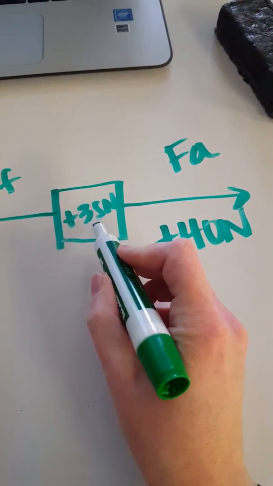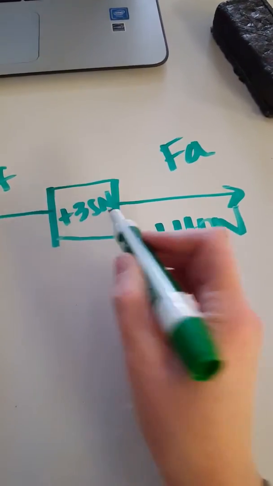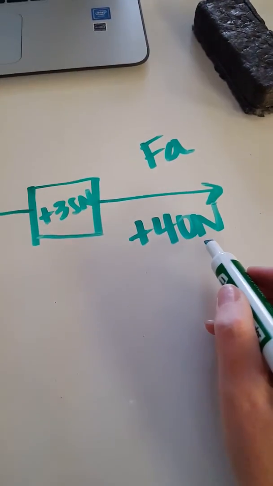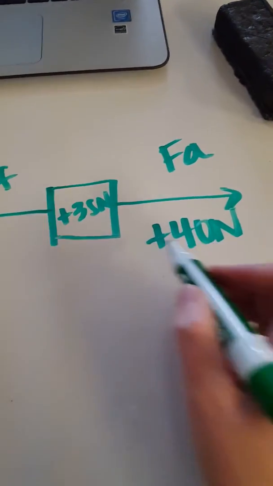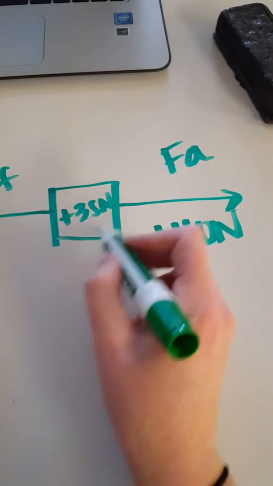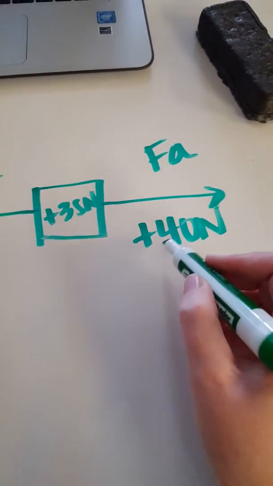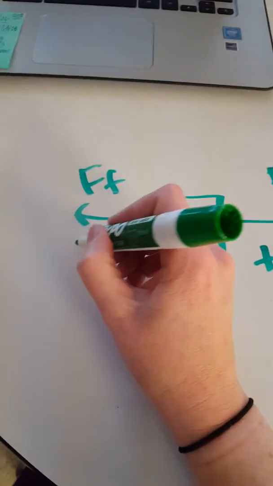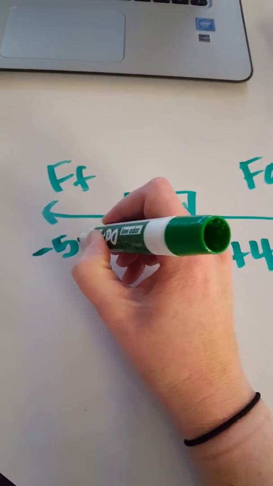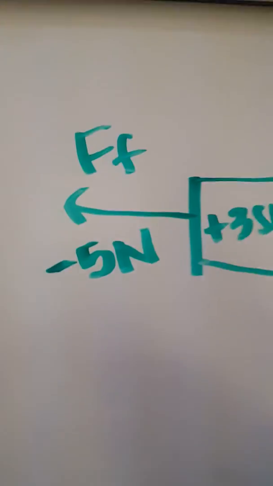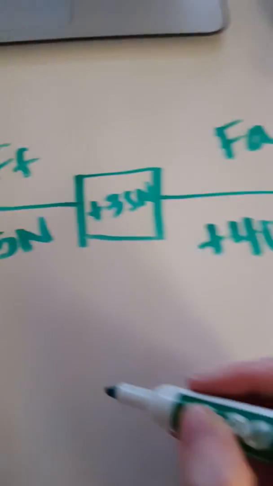So if I know the total force is positive 35 newtons, and I know that the applied force is positive 40 newtons, I really have to do positive 35 newtons, our net force, minus positive 40 newtons, which would then give me negative 5 newtons. So in this case, the frictional force would be negative 5 newtons.